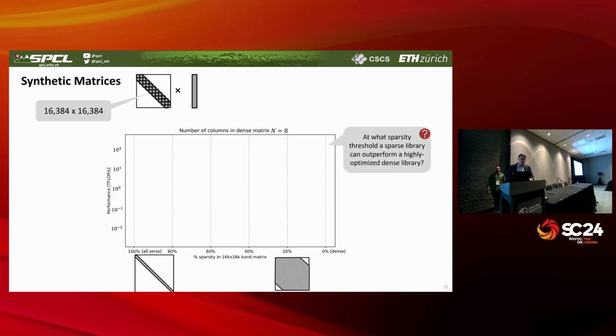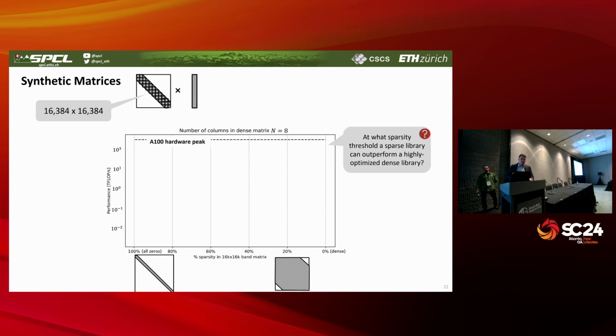And we ask ourselves the question: at what sparsity threshold can a sparse library outperform a highly optimized dense library? So, spoiler alert, we are actually comparing to cuBLAS, which is NVIDIA's library for dense matrix multiplication. Previously, in the literature, the sparsity level for that was around 90–95%, and we'll see what we get.